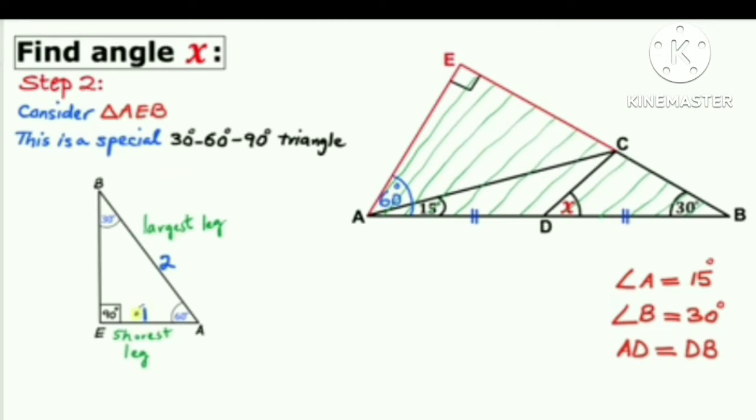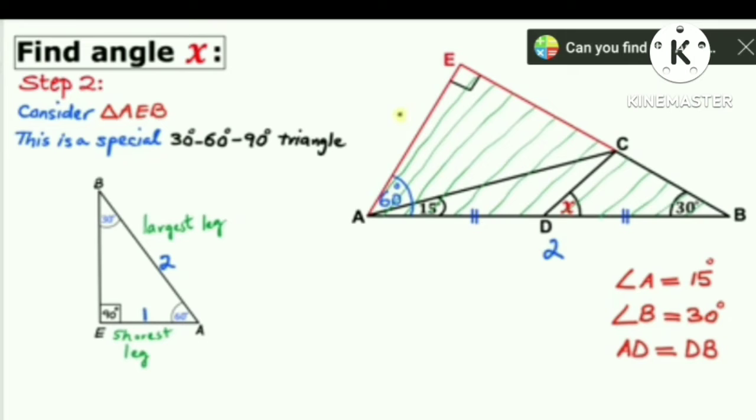If the shortest leg is 1 unit, then this largest leg is going to be 2. So therefore in our big triangle, this longest leg is going to be 2 units, and this shortest leg is going to be 1 unit.